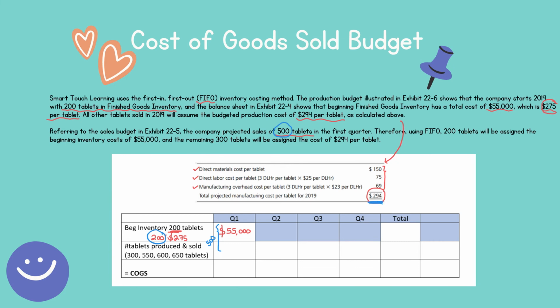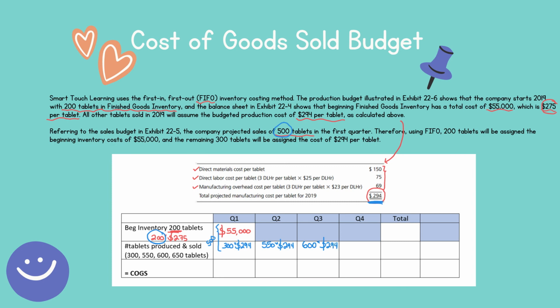So I need to multiply it with 294. So 300 multiplied by 294. While in quarter two it's gonna be 550 multiplied by 294. In quarter three it's gonna be 600 units multiplied by 294.